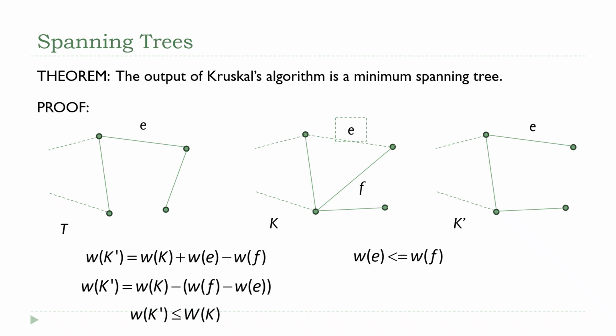T prime has one more edge in common with T than K does, which contradicts our assumption that T and K have the maximum number of common edges. This means that our original assumption that T and K are different must be false, and since T is equal to a minimum spanning tree, it must itself be a minimum spanning tree, and that's what I wanted to show.